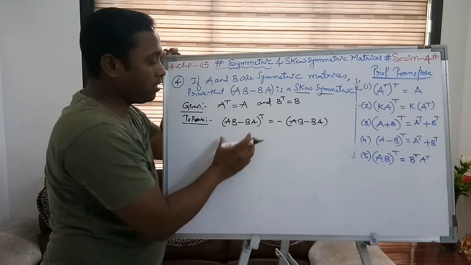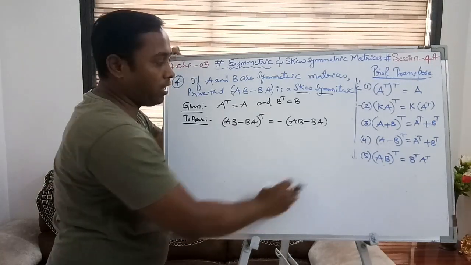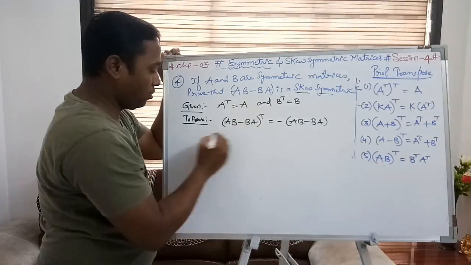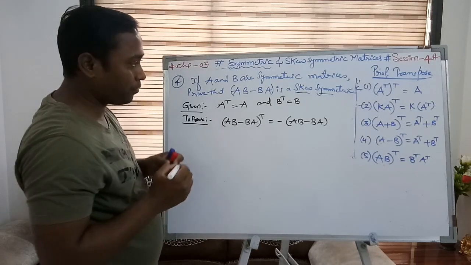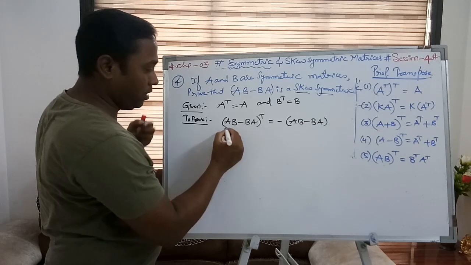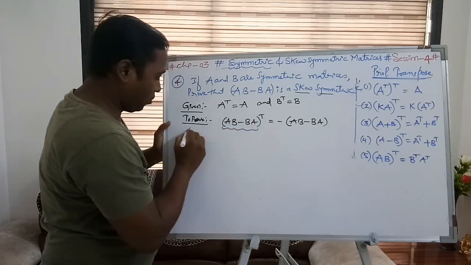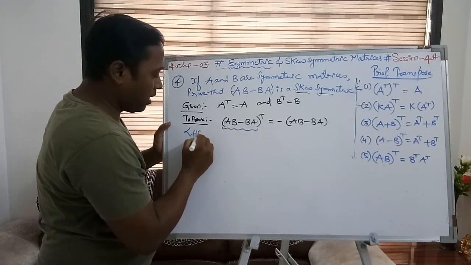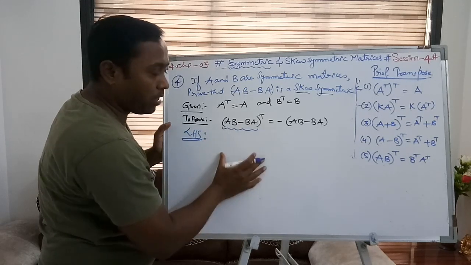To prove this, I can take the left hand side and simplify it to prove the right hand side. So I am taking the left hand side. I am just simplifying the LHS of this part.